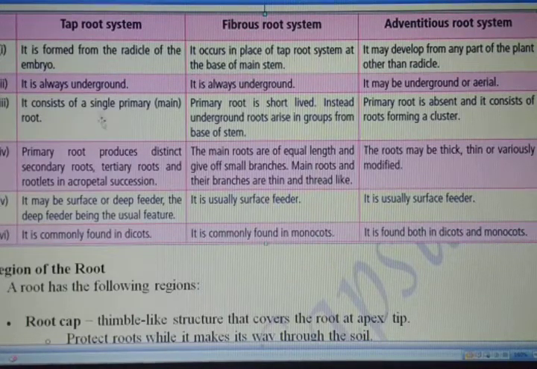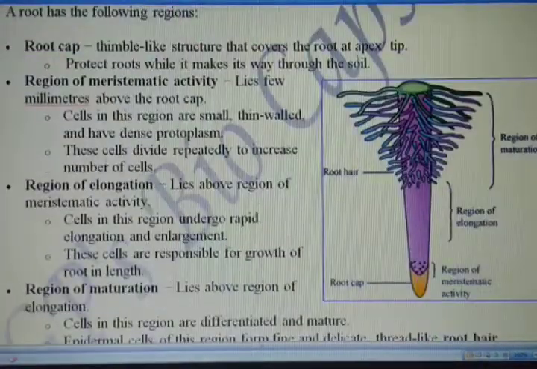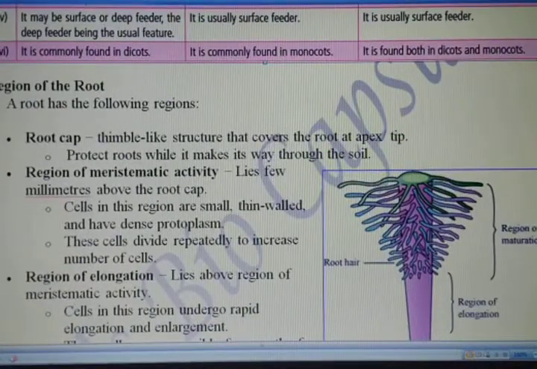The last point: the taproot system is commonly found in dicot plants, fibrous root in monocots, but adventitious roots are found in both dicots and monocots. Now let us see another topic, which is the regions of the root.